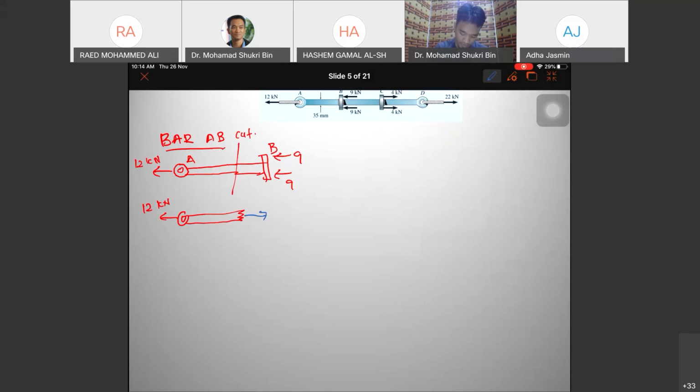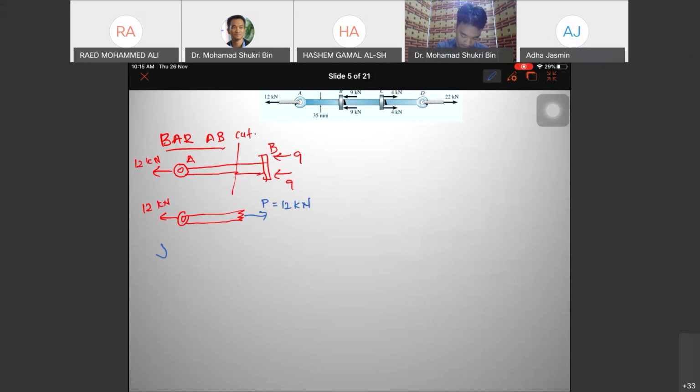This is P. So in order for it to be in equilibrium, P has to be 12 kilonewton. So P should be the same as 12 kilonewton.